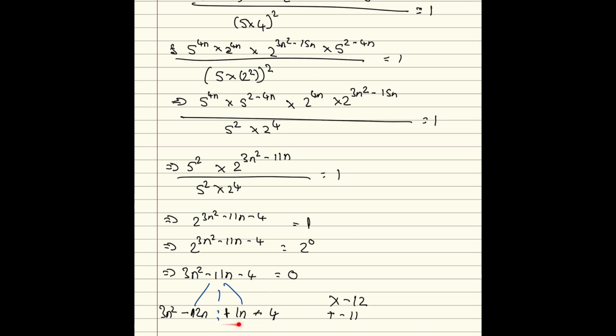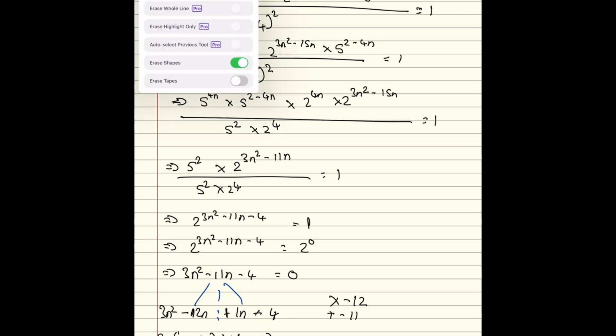So remember, these two here have to add to this. Factorising this, we get 3n, because 3n goes into 3n squared and 12n. So you have n take away 4 plus 1 n take away 4.